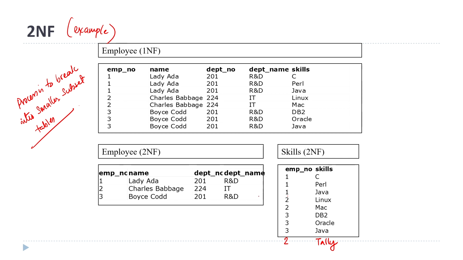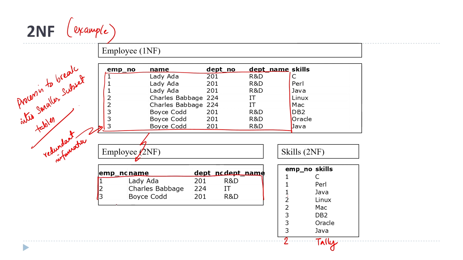So, you can see now that all that data that was redundant, these were redundant information, when it came here got reduced. Now, we can see it is non-redundant.